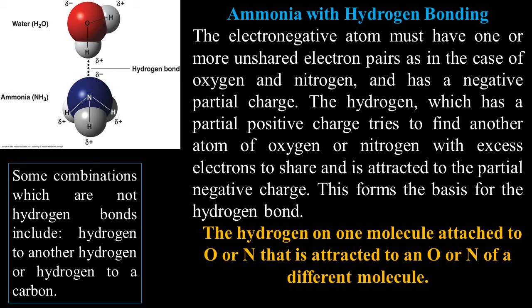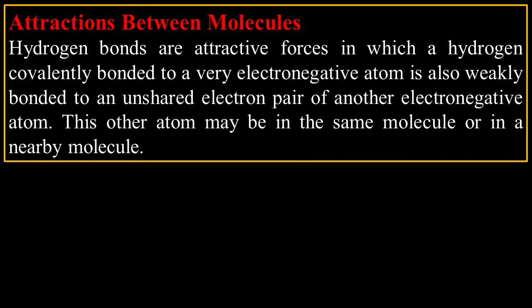This forms the basis for a hydrogen bond. The hydrogen on one molecule attached to oxygen or nitrogen is attracted to an oxygen or nitrogen of a different molecule. Again, hydrogen bonding. We will emphasize this in the entire book.